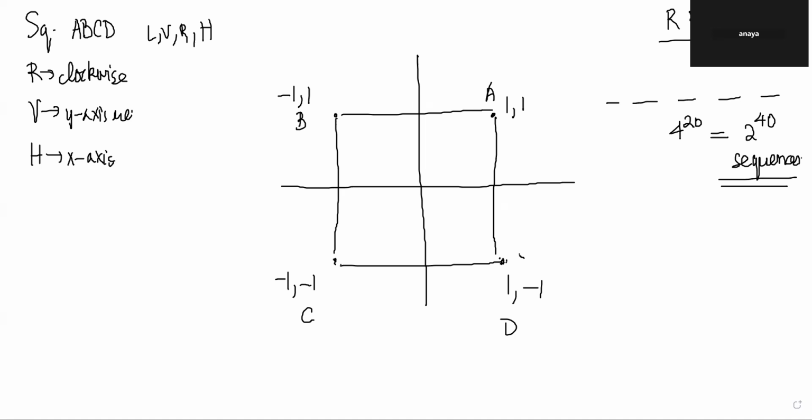If you do one reflection, obviously it will shift. If you do 3 reflections, there is no way you come back to the same point. So it has to be an even number of reflections, right?